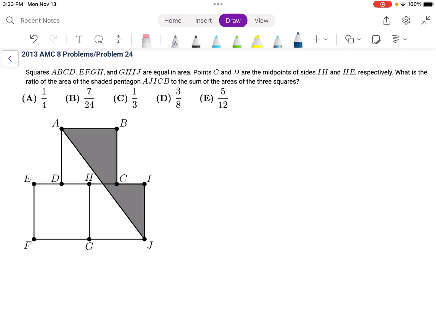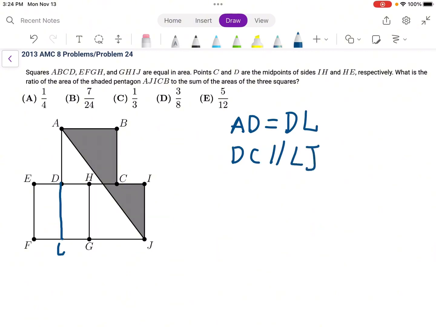Problem 24. To solve this problem, let's first draw a line that extends AD to the bottom and crosses FG at L. Because AD equals DL, and D is the midpoint of AL, and DC is parallel to LJ.